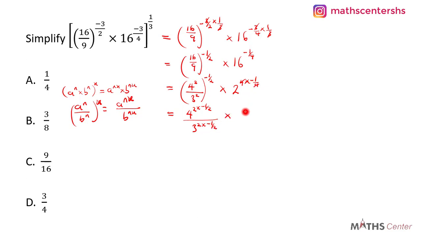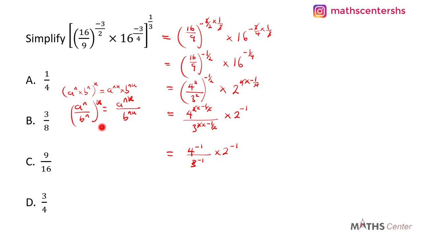Then times, we now have 2 exponent negative 1, since 4 and 4 is gone. When you come here, you see that 2 and 2 are gone, 2 and 2 are gone, and so you'll be left with 4 exponent negative 1 divided by 3 exponent negative 1. And this one will be times 2 exponent negative 1.